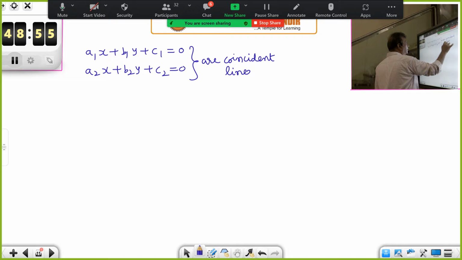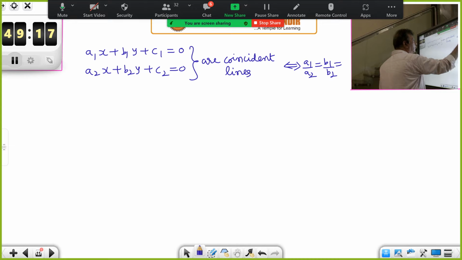Are coincident lines implies and is implied by A1 by A2 is equal to B1 by B2 is equal to C1 by C2.